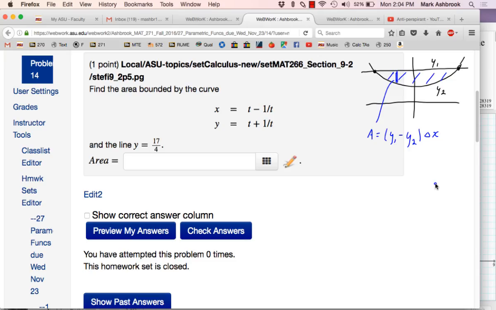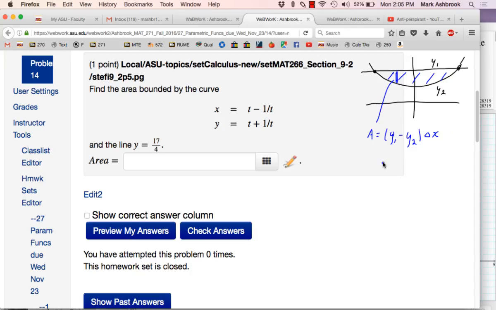So what we just saw in the video is that we still approach area this way. It's just that now we transform this idea. We need to put it into t coordinates.